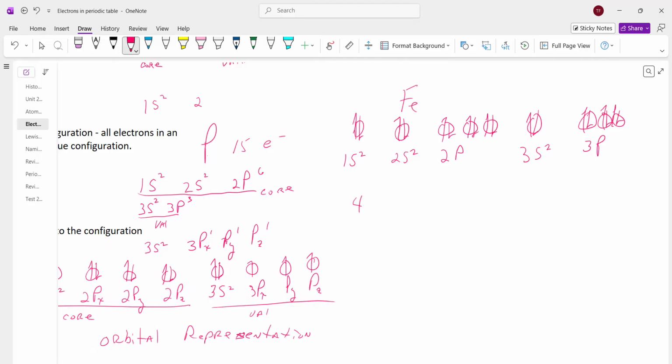And I'm going to go down here. Now, D's, remember, can hold 10 electrons. So that's 5 orbitals. That's 10 divided by 2 is 5, right? So that's the orbital diagram for iron. If you take away the orbitals, that would also be the electronic configuration. But the orbitals actually represent what's going on in that atom.